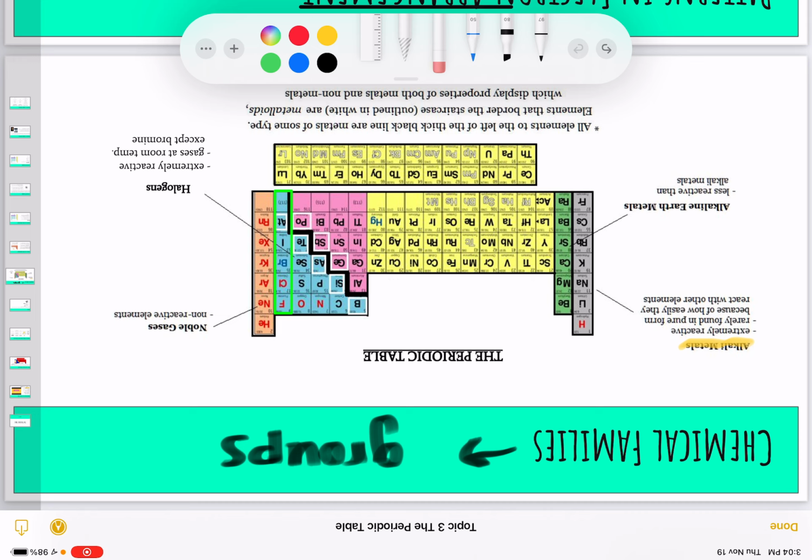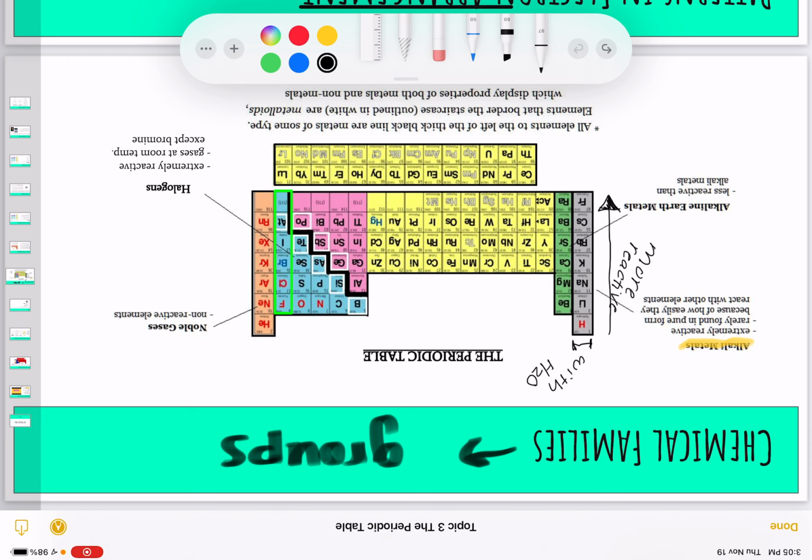But as we go down, this is the same for all elements, as we go down the column, I keep wanting to say rows, down that column, they become more reactive. And this first column is really reactive with water.